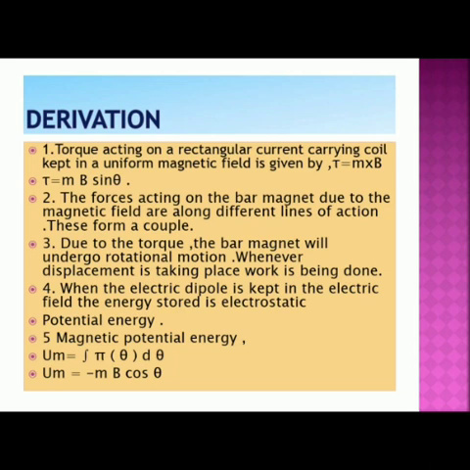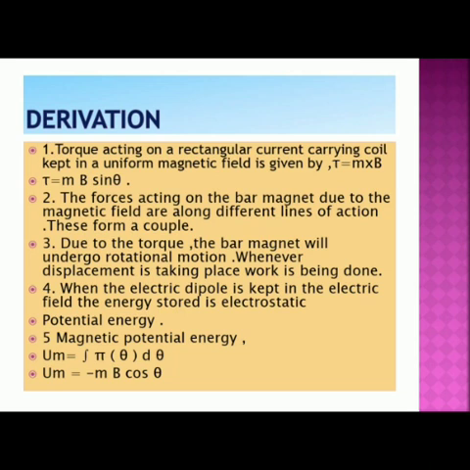Due to the torque, the bar magnet will undergo rotational motion, and whenever the displacement is taking place, work is being done. So when the electric dipole is kept in an electric field, the energy stored is nothing but electrostatic in nature, and that is why we write that the magnetic potential energy U is given by the integral of m B sin theta d theta, where d theta is the small difference in the angle.